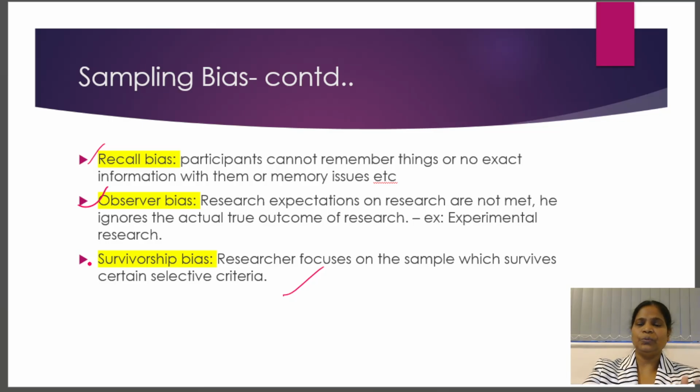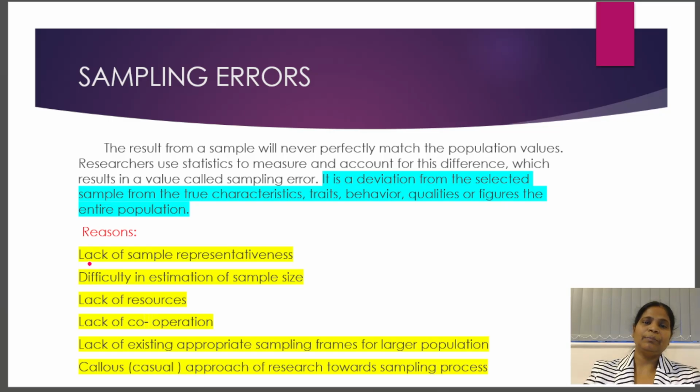I hope you got an idea of what is sampling bias and the different types of sampling bias. Next, coming to another one, sampling error. Error is a mistake. However careful we are when selecting the population, and from that selecting the sample, exact matching does not occur because of certain characteristics present in the sample, like traits.